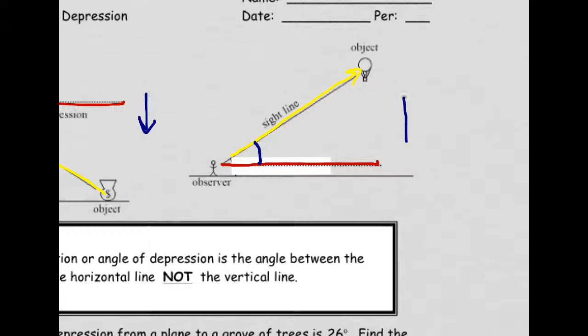That's elevation if the observer is looking at something above that horizontal line. So when we're talking about angle of elevation, we're talking about how far you're looking up. When we're talking about angle of depression, we're talking about how many degrees you're looking down.